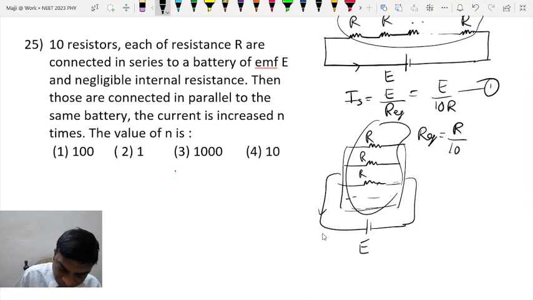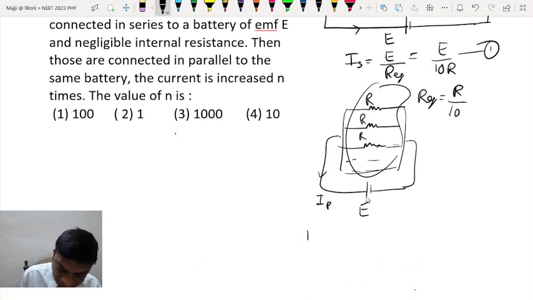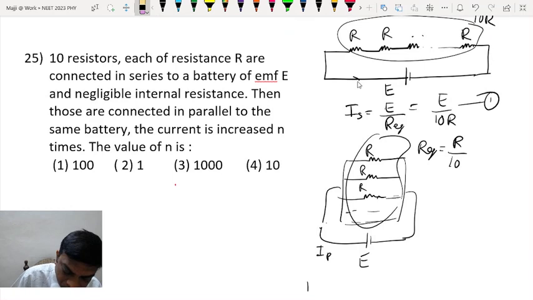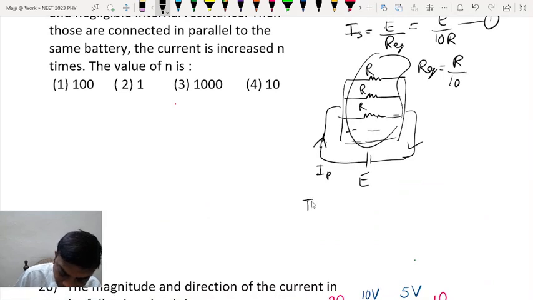So now the current flowing through the cell, the direction of the arrow should be from the positive terminal. So current is equal to EMF upon resistance.